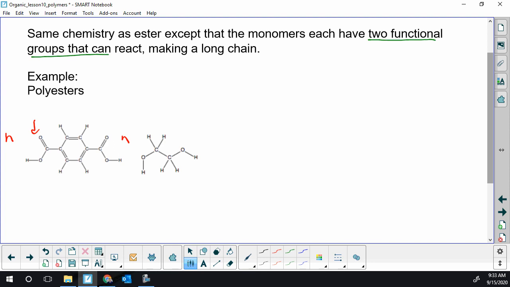So an alcohol can react on this side of the acid and grow the chain that way. But we have another carboxyl group, C double bond OH on that side. So it can also grow to the right. And the alcohol can do the same thing. We have a hydroxyl group, so that can grow to the left, and it's got one on the right. And that's what makes this a polymer and not just an ester like we did on Monday.